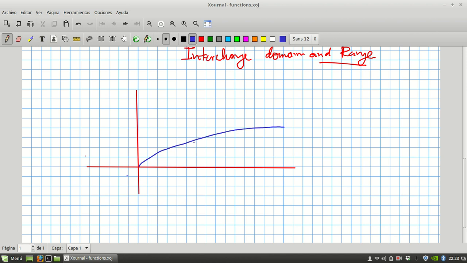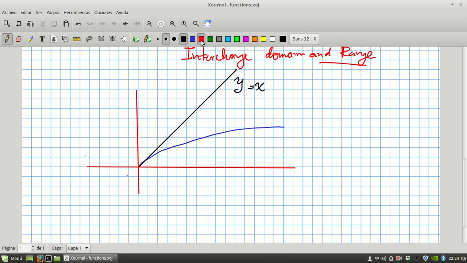If you have a graph and you want to find the inverse of the graph, the only thing you have to do is to put a line, the line y equals x, and the graph is going to be a reflection about this line.